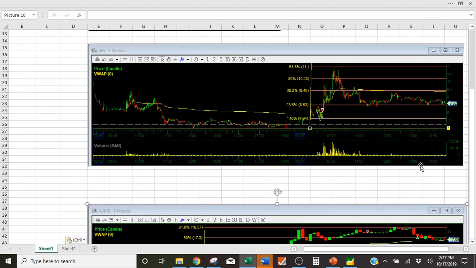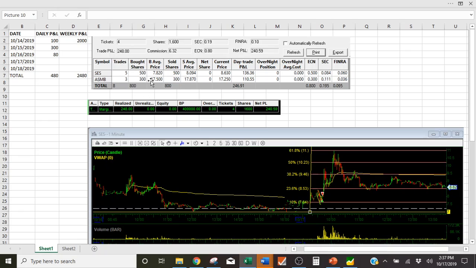So for today on SES was just 500 shares. And what happened was I saw this flag setting up. And just to point out that I came out of this too soon in retrospect, yes, but I am more comfortable as a short trader than a long trader. But I know that this is one of the bullish patterns, the bullish flags.